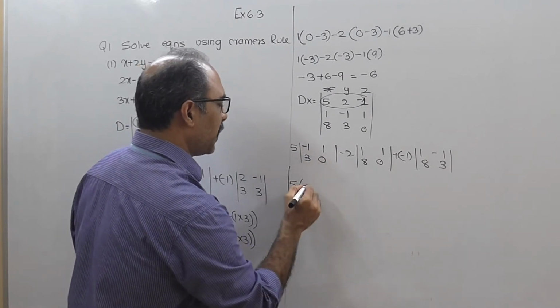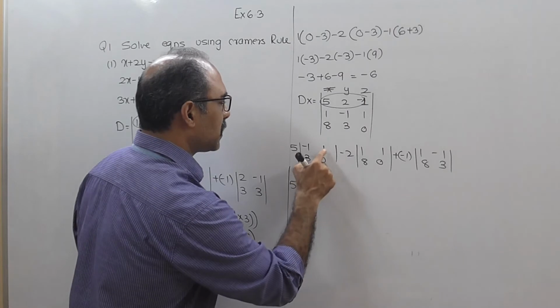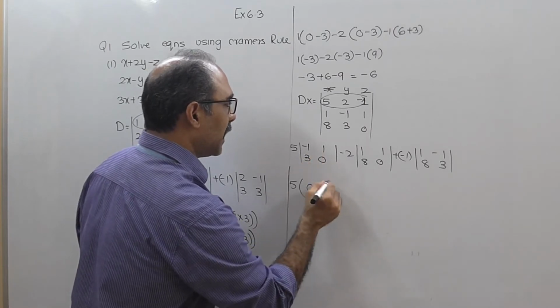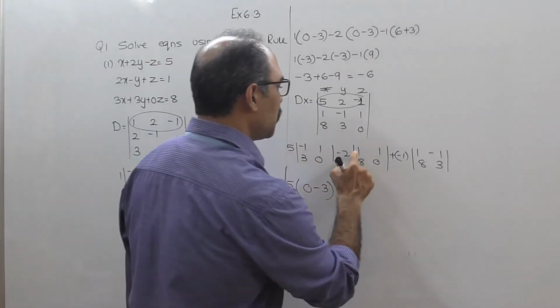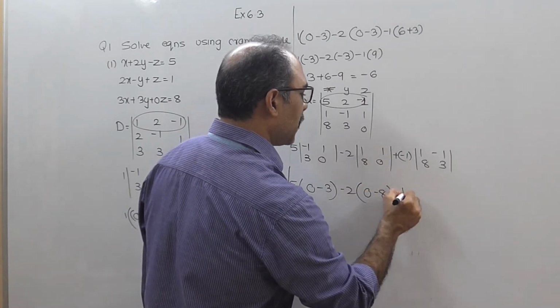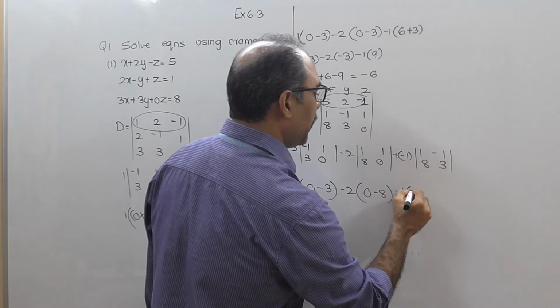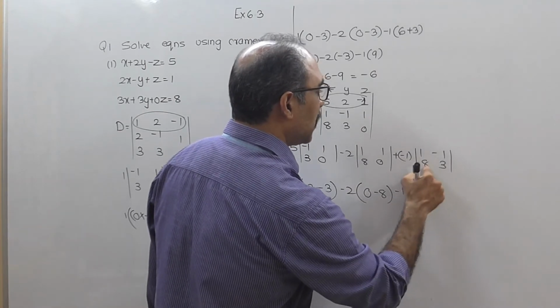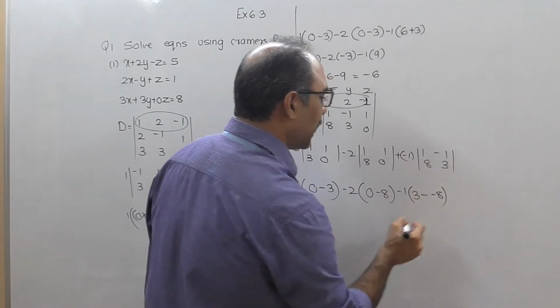This will be minus 1 into 0, that is 0, minus 1 into 3, the answer will be 3, minus 2, 1 into 0 is 0, 8 into 1 will give you 8, plus into minus minus, 3 into 1 will give you 3, minus 8 into minus 1 will give you minus 8.